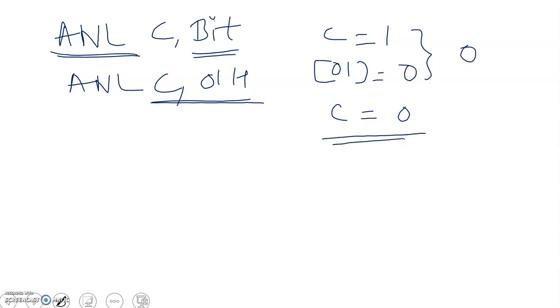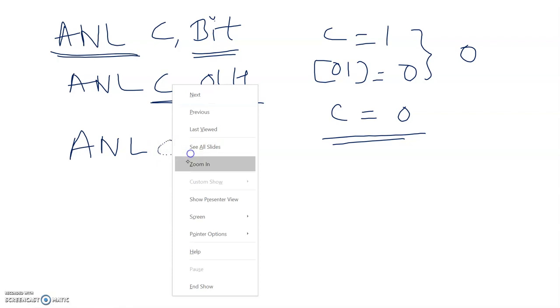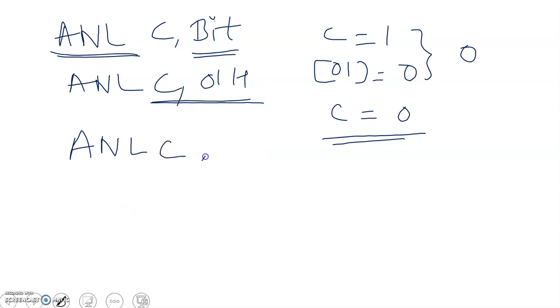The reverse can also happen. Similarly, there is another instruction, ANL C, /bit. What it means is ANDing C with the NOT of the bit.